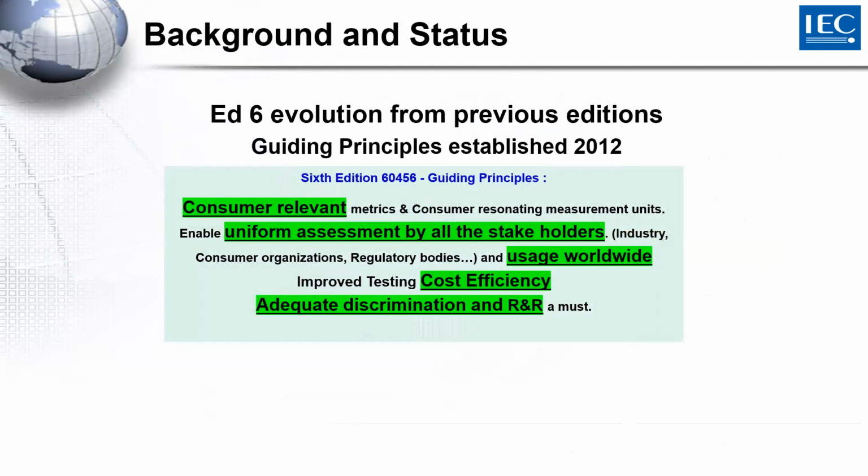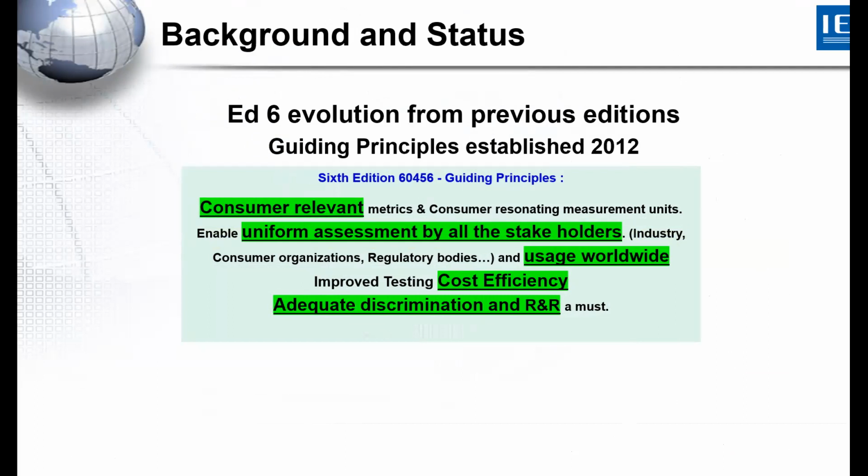And Ravi set up these guidelines to be consumer relevant with uniform assessment by all stakeholders and to use worldwide to get better cost efficiency and have adequate discrimination and repeatability, reproducibility. So that has been the guiding principle that we've looked at all the way through, and we hope that we have achieved that. I think we have, but you can tell us. So next slide, please.